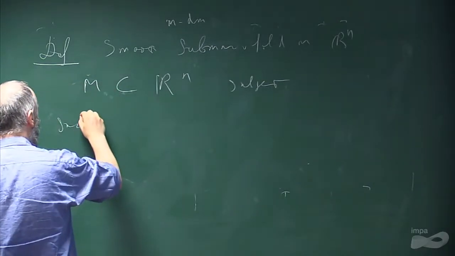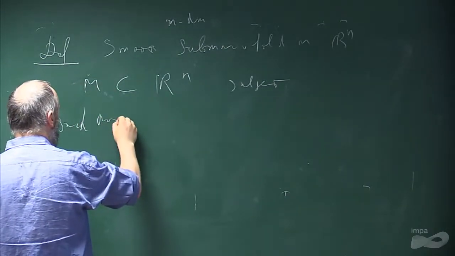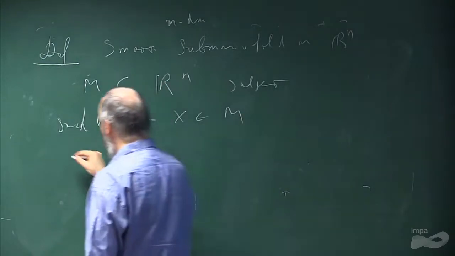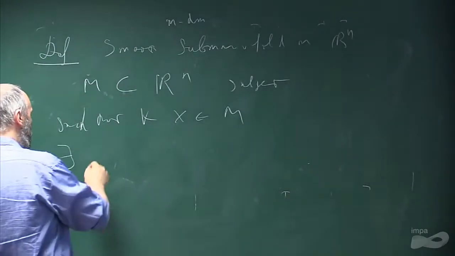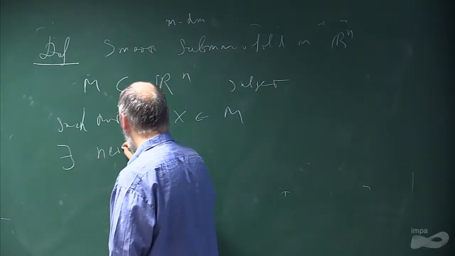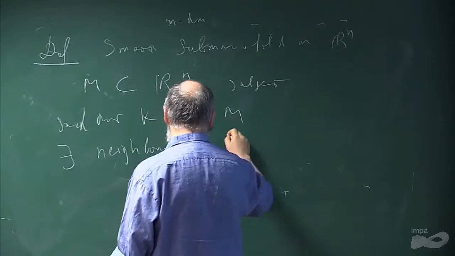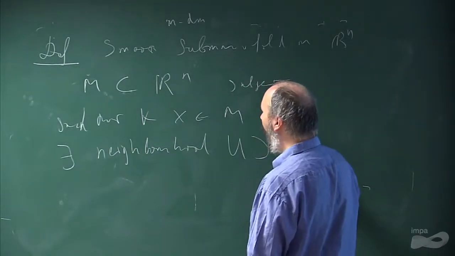such that for each point x inside M, there exists a neighborhood U containing this x.